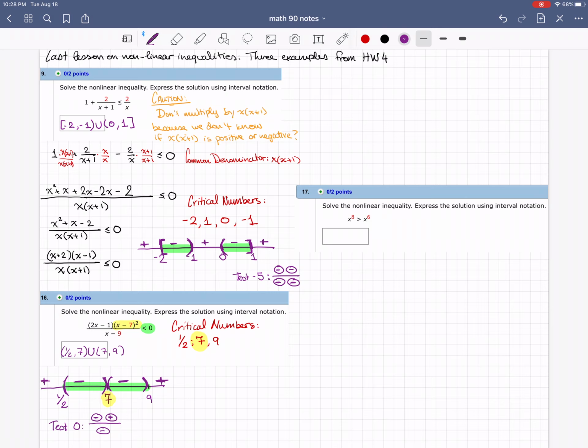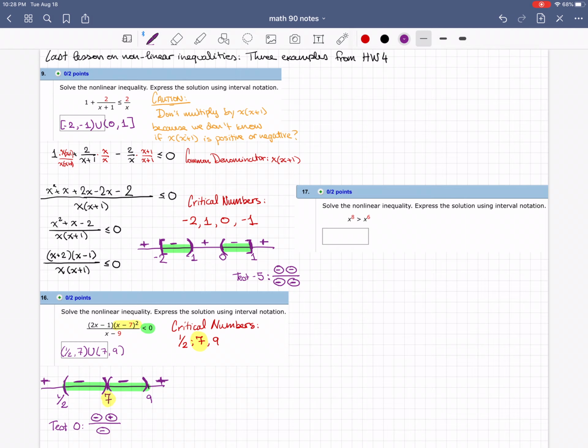Remember, we've talked about this before. Intervals consist of real numbers. So 7.1 is totally allowed. 7.01 is allowed. Any number between 7 and 8, there's infinitely many of them really, is allowed into the solution set. It's just 7 itself that's not included.